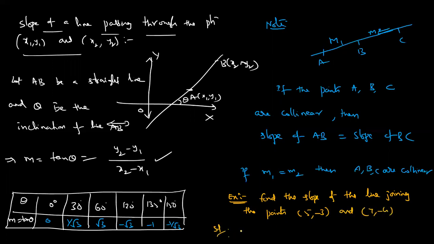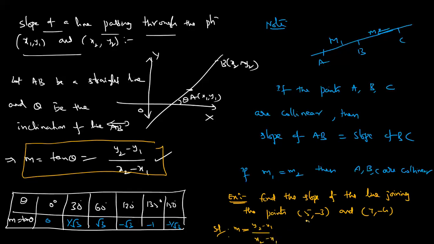Take your rough book or pen, write down, and write the notes also. What is the answer? If you know 2 points, what is the formula? m is equal to y2 minus y1 by x2 minus x1. So this one is x1 y1, this is x2 y2. Otherwise this is x1 y1, this is x2 y2. You can take it anywhere, but the final answer is the same.